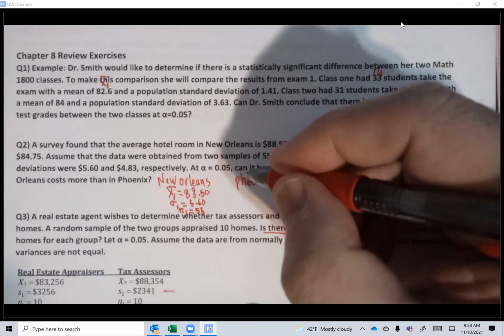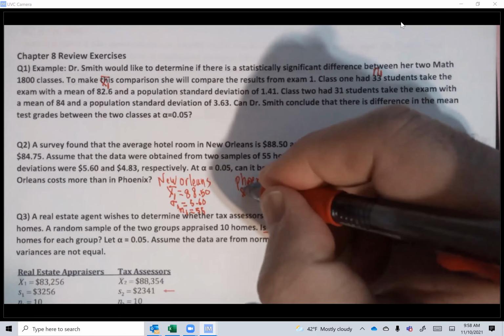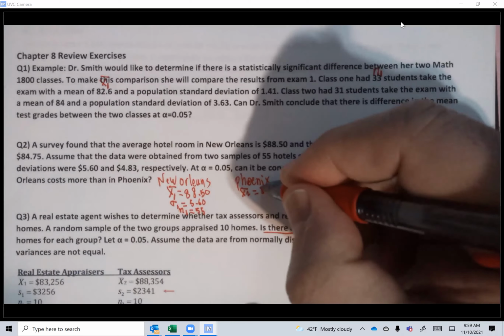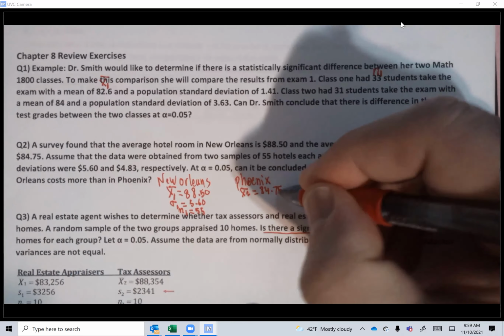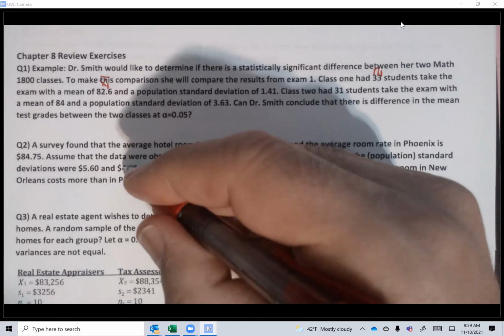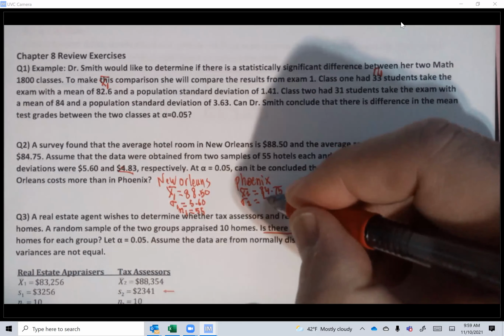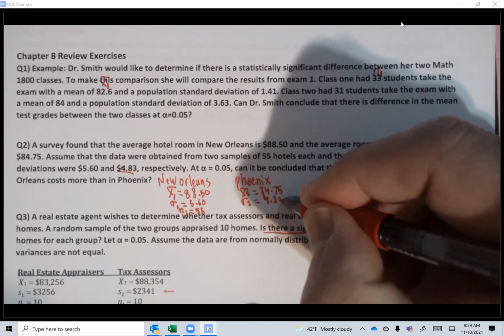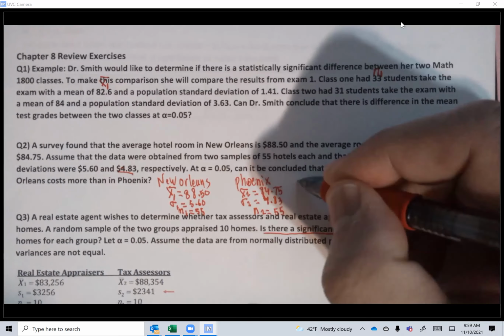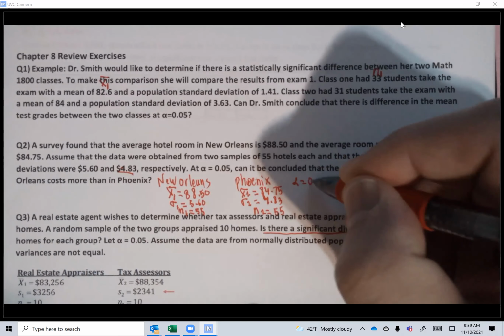For Phoenix, guys, X2 bar is 84.75. Sigma 2 is $4.83. And N2 again is 55 hotels. And he wants to do the study at alpha equals 0.05.